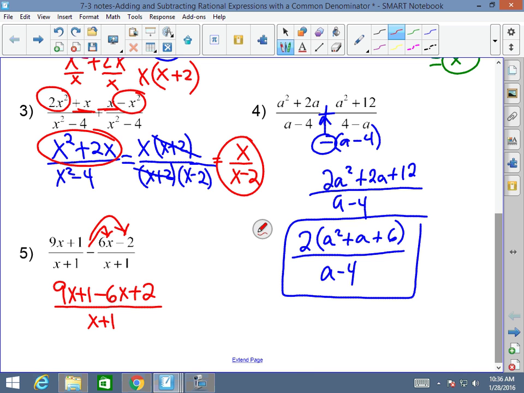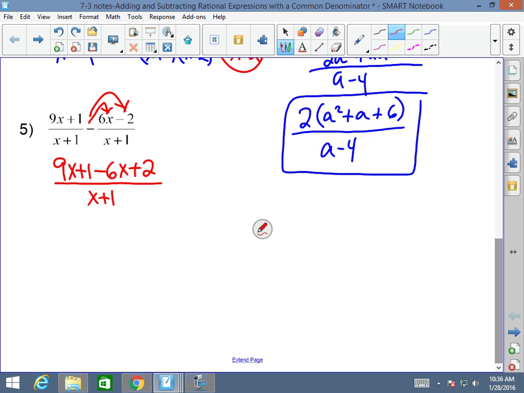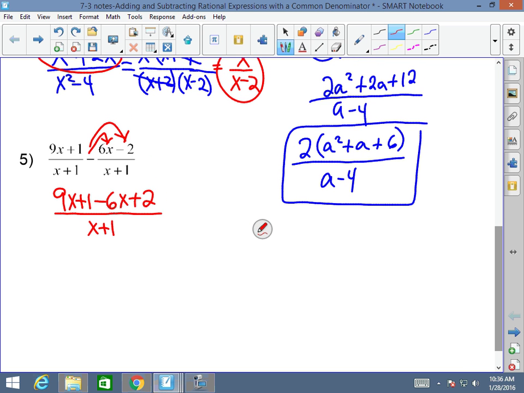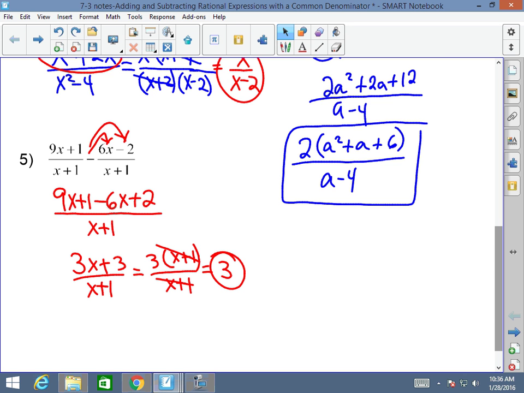It's not that you don't know how to do it, it's that you forget to distribute that negative. And forgetting that negative really messes you up, y'all. So 9x minus 6x is 3x plus 3 over x plus 1. I can factor out a 3 from the numerator, giving me 3 times x plus 1 over x plus 1. The x plus 1's cancel, and I have 3 as my answer.